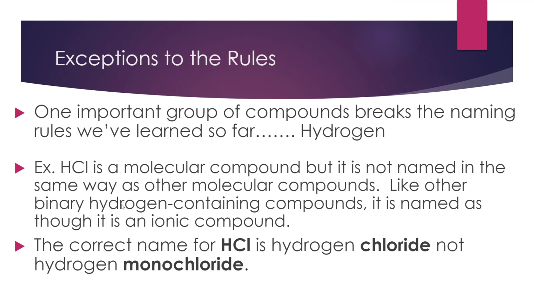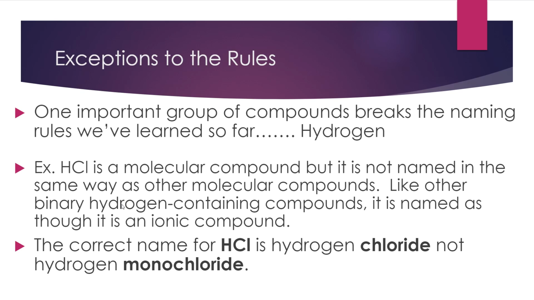One important group of compounds breaks the naming rules we've learned so far, and that's hydrogen compounds. Hydrogen, remember, is a nonmetal. HCl is a molecular compound, but it's not named in the same way as other molecular compounds.